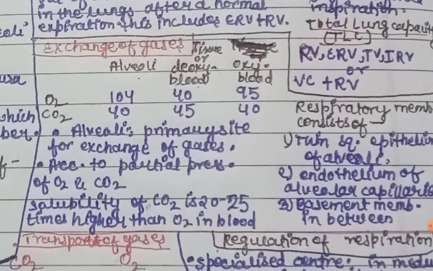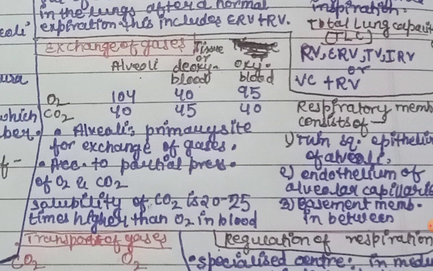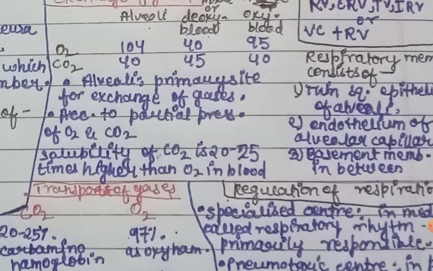Exchange of gases. Oxygen and carbon dioxide. In alveoli, oxygen is 104 and carbon dioxide is 40. In tissue or deoxygenated blood, it's 40 and 45. In oxygenated blood, 95 and 40. Alveoli are the primary site for exchange of gases.